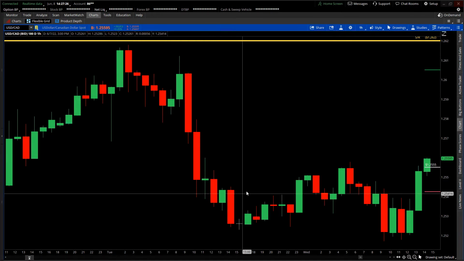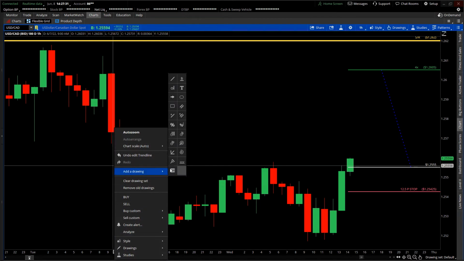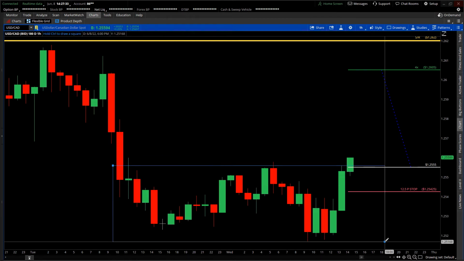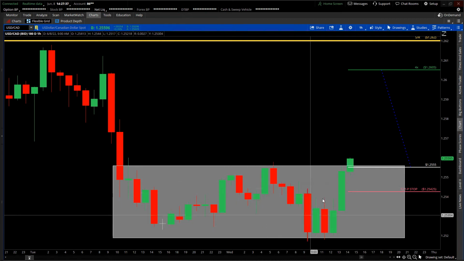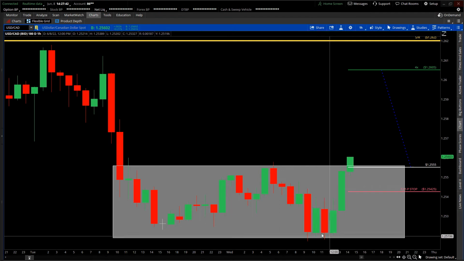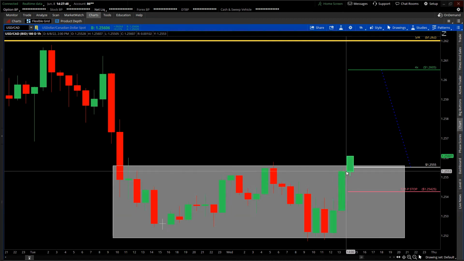And since then, price has leveled off and has just been consolidating for the past few days, ranging inside this area right here. And now that price has made multiple attempts to go lower, price seems to be rebounding very convincingly.